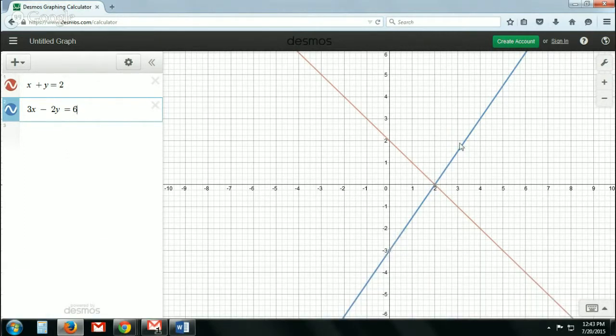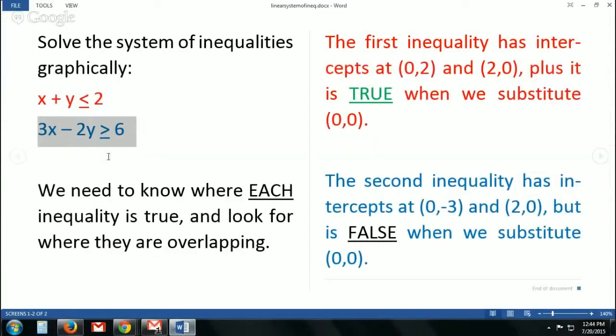So the blue line, that is how the bottom equation looks. But if we make it an inequality, when I test with 0, 0 in the original inequality, 0 minus 0 greater than or equal to 6, that's going to be false.